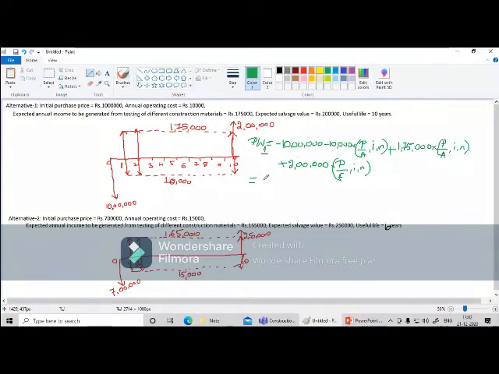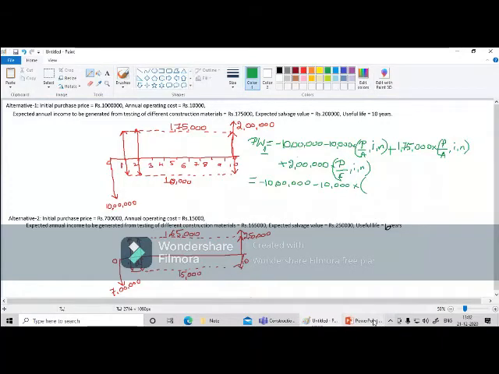So now you are able to draw the cash flow and formulate the equation. Once we formulate the equation, I am going to substitute the formulas. So minus 10 lakhs, then 10,000. What is the P by A formula here?